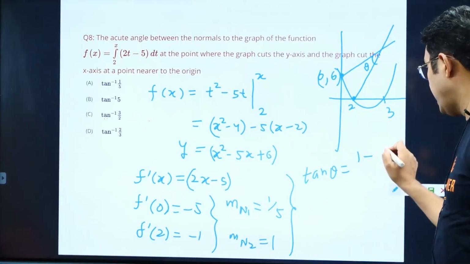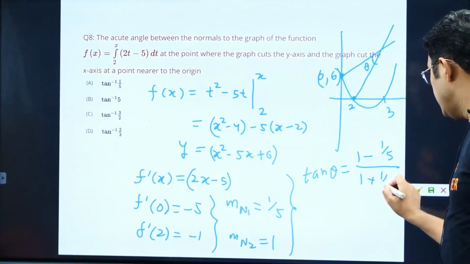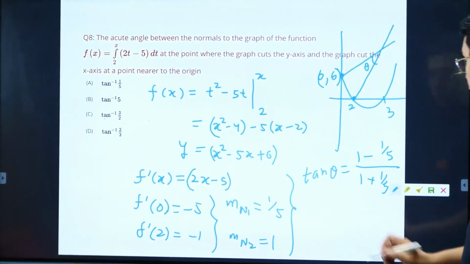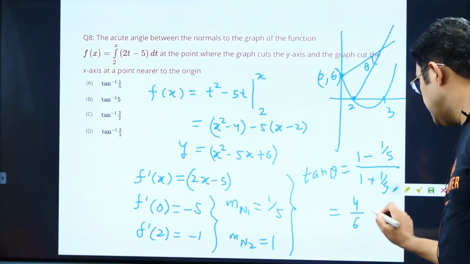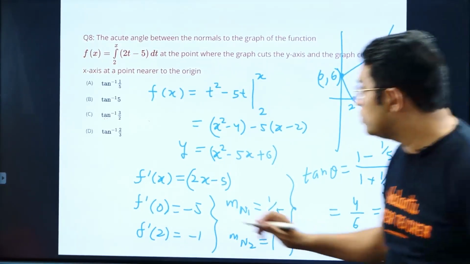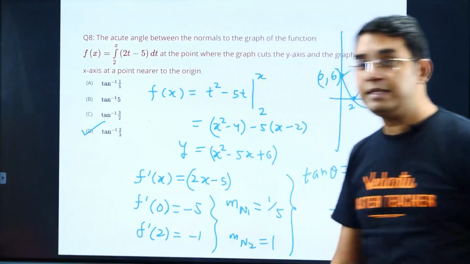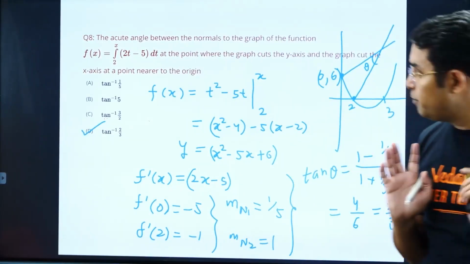So you can write (1 minus 1/5) upon (1 plus 1/5), and if you simplify it, it comes out to be 4 upon 6, that is 2 upon 3. So the acute angle between the normals has to be tan inverse 2 by 3, that is given in option number D.